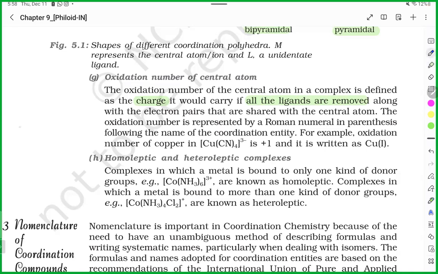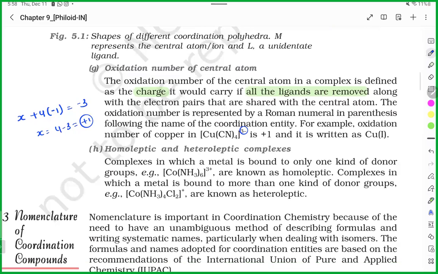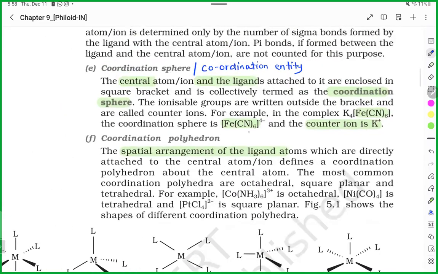To calculate for copper, consider it X. You have four cyanide, each with charge -1, so -4, which equals -3 outside, whatever is written here. So -4 will go to the other side and become +4. That is the oxidation number. You can calculate the same thing here also.